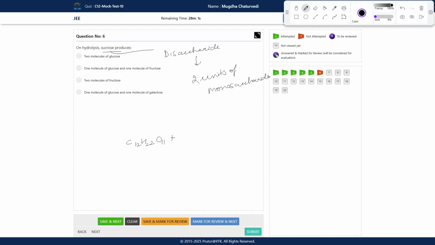When we react it with water in the presence of an acid, it yields 1 molecule of glucose, which is C6H12O6, and another molecule of fructose. Both are aqueous and this is solid. So on hydrolysis sucrose produces 1 molecule of glucose and 1 molecule of fructose. So the right answer will be option number B. Now let us move on to the next question.